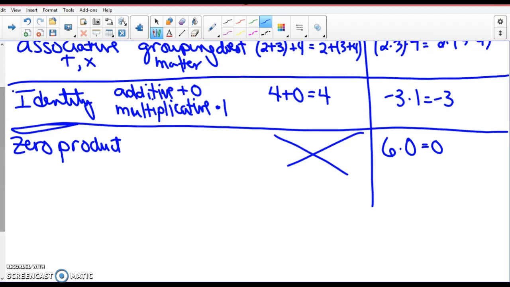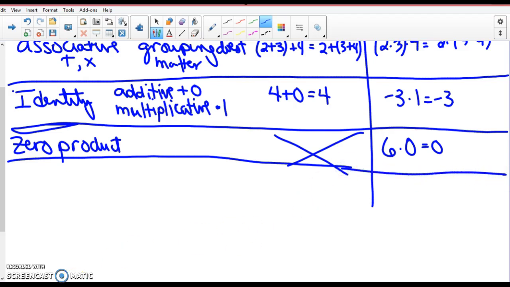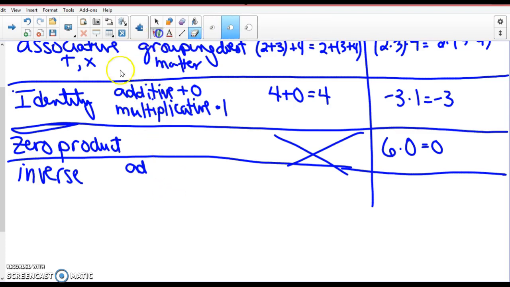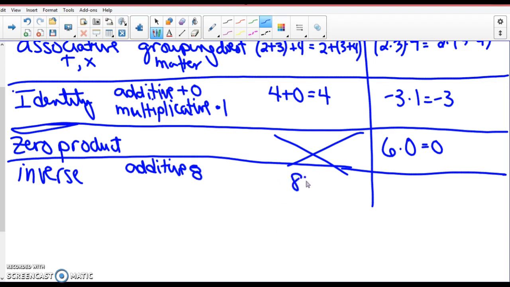Now, here we go. We've got our two inverse properties. The additive inverse. When you add a number 8, over here, 8 plus negative 8 is 0.